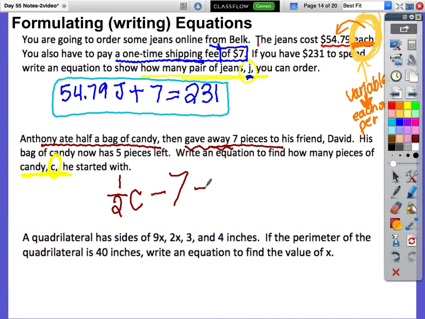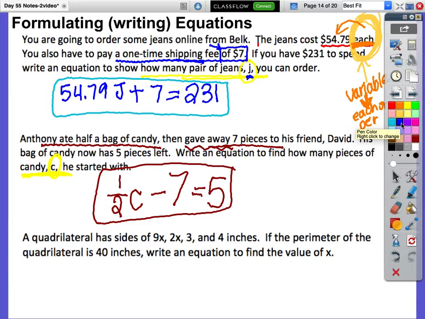He now has 5 pieces left. That's his total after he gave some away and he ate some. That is Anthony's equation to find out how much candy he started with. Okay.